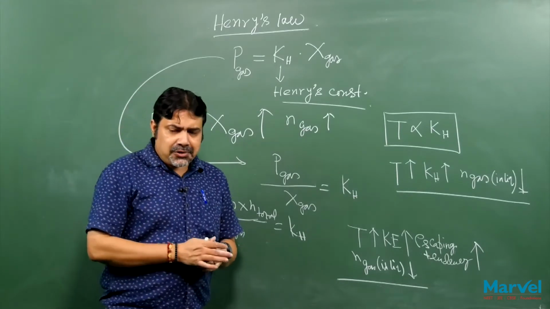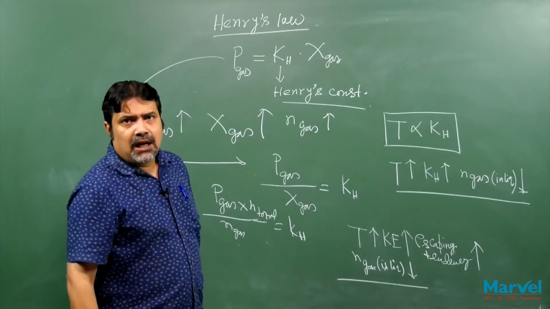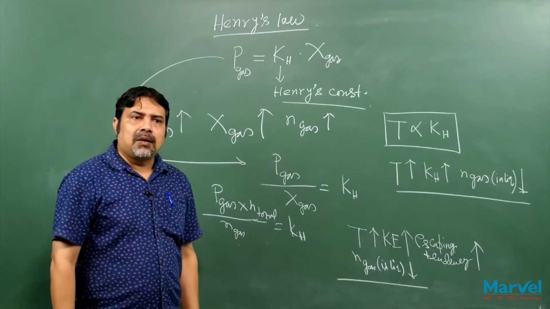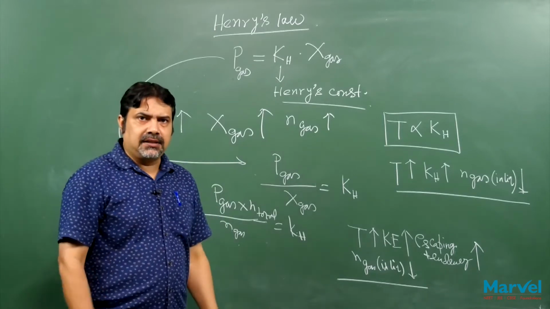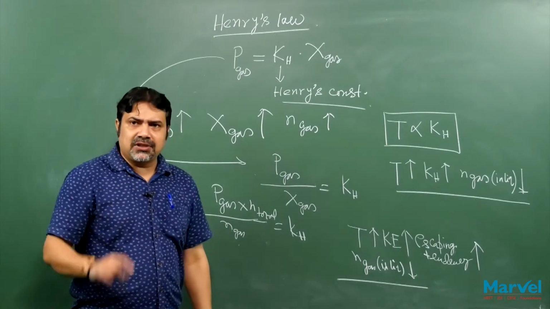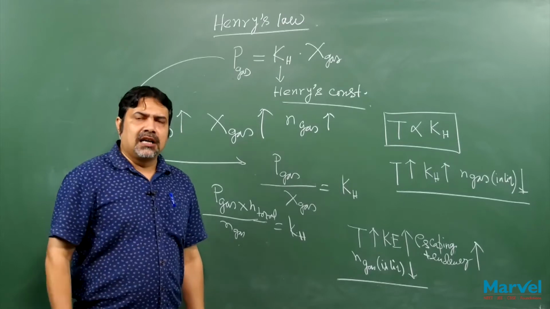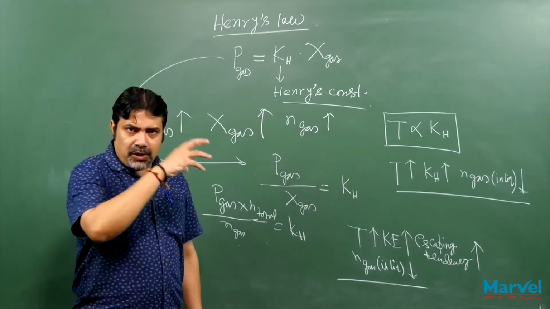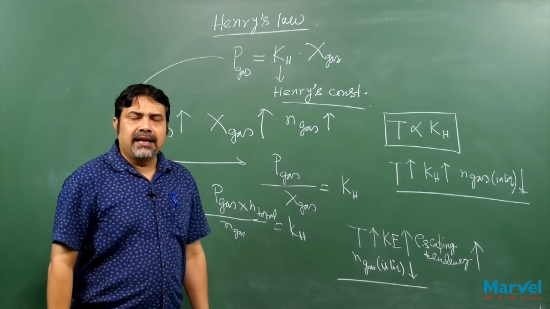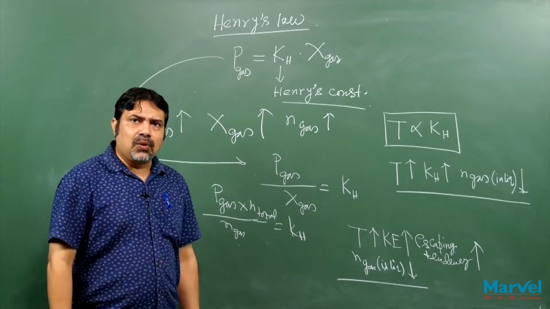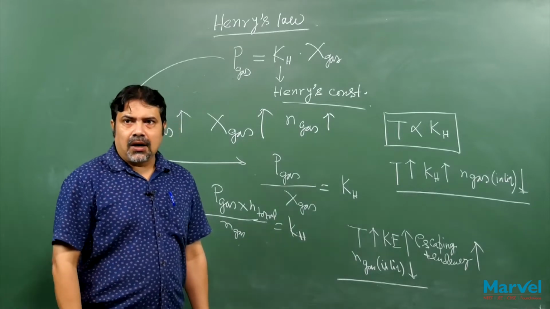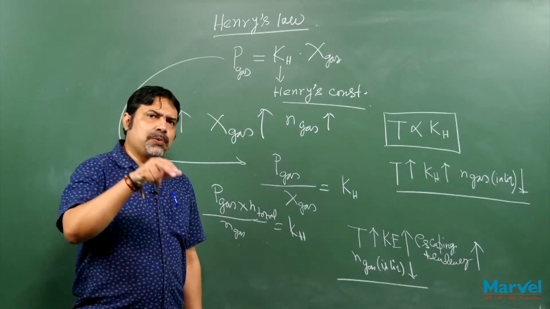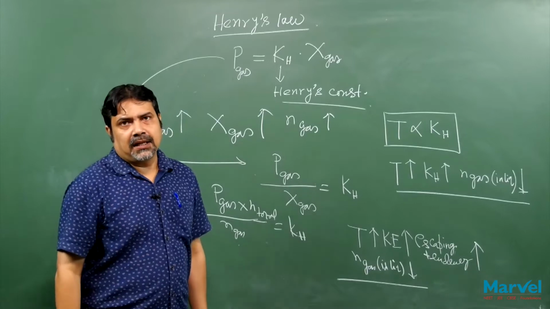Once you understand Henry's law, we will proceed to boiling point and vapor pressures, and to give clarity on the states of matter, the liquid state, we will give glimpses of that. Again we will explain that, and then we will enter lowering of vapor pressure, relative lowering of vapor pressure, and then proceed to Raoult's law.